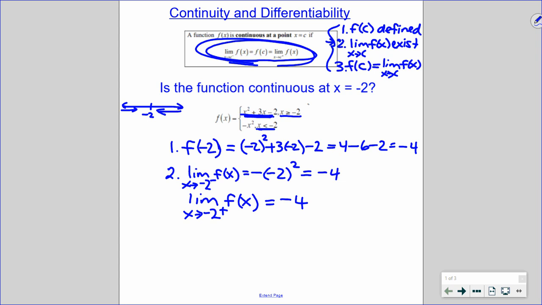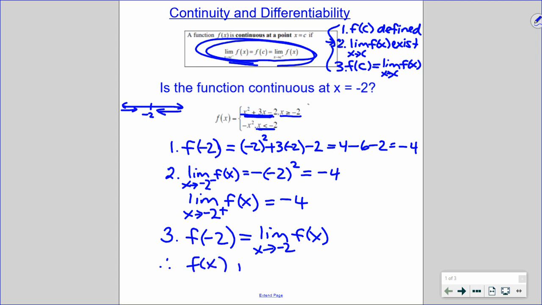Okay, so you guys, we could now establish that because all of these are equal, we know f of -2 equals the limit as x approaches -2 of f of x. Therefore, f of x is continuous at x equals -2.